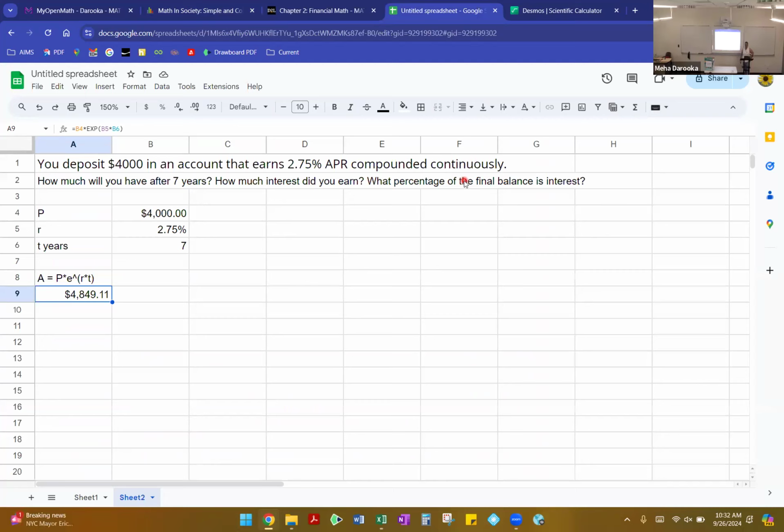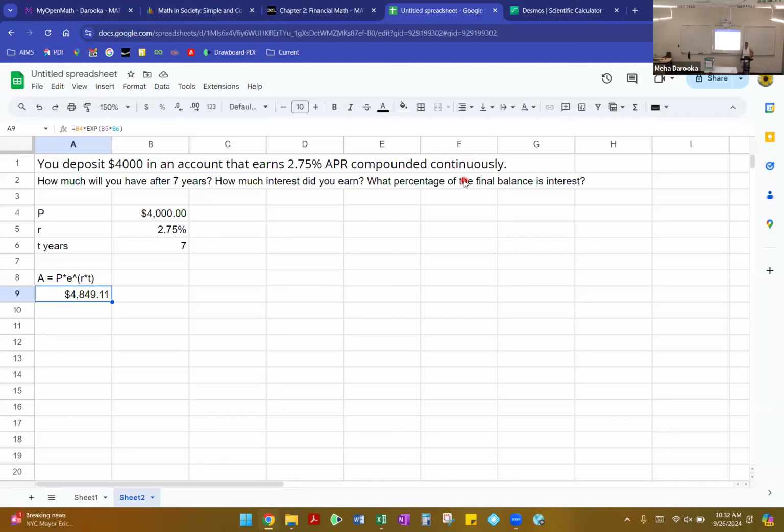Correct. The first value from the present value. Your deposit, right? How much did you start out with? What was your initial balance? So we're going to subtract the principal from our future value. Interest is A minus P, or FV minus PV, whatever you want to call it.